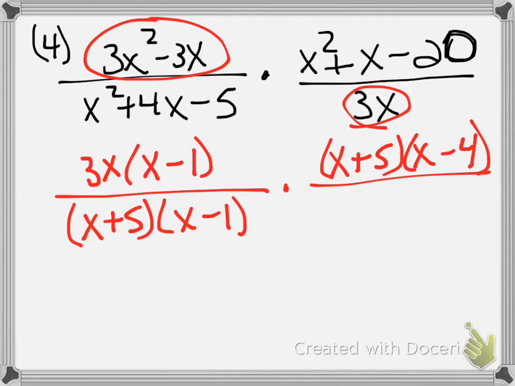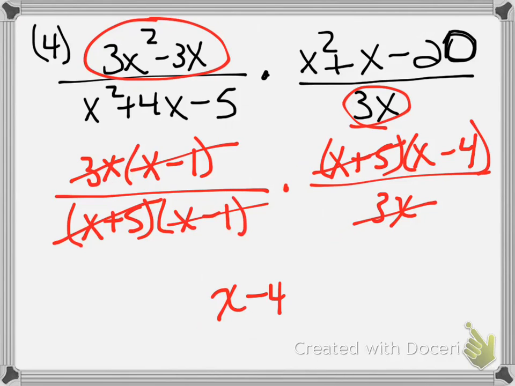And the 3x in the denominator doesn't factor, but we can look and see what it cancels with. So 3x cancels with 3x. x minus 1 cancels with x minus 1. x plus 5 cancels with x plus 5, and we end up with a solution of just x minus 4.